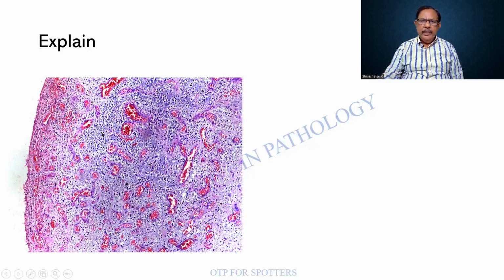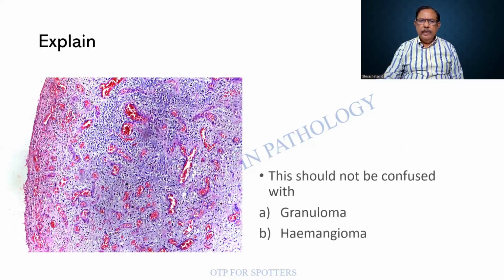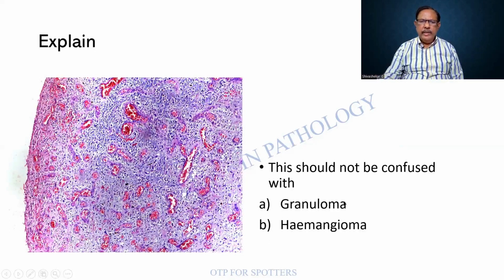And the intervening stroma showing multiple blue dots, which indicates nuclei, which means there is a lot of inflammation that is there. They are probably inflammatory cells. The slide should not be confused with a granuloma, the usual mistake the students make, or a hemangioma, because I am seeing multiple blood vessels.